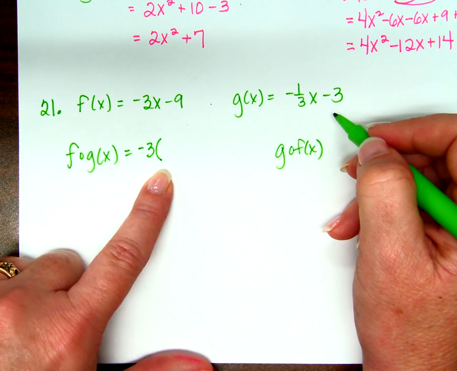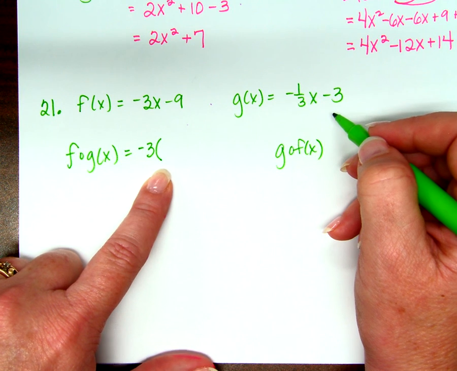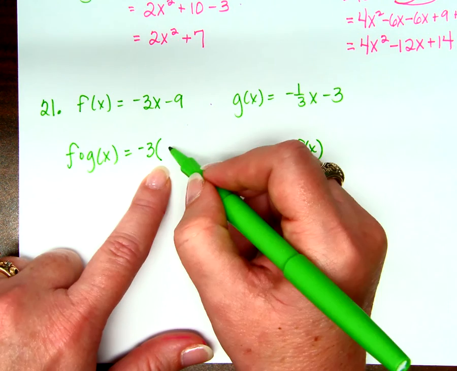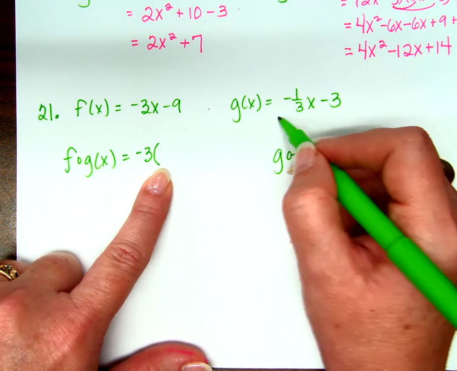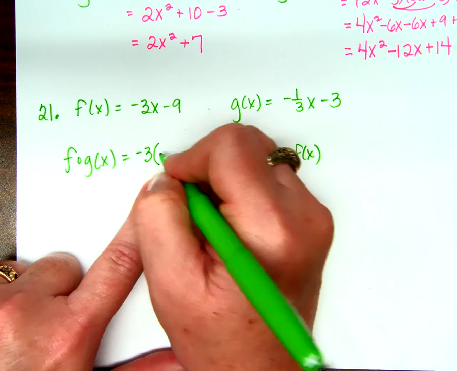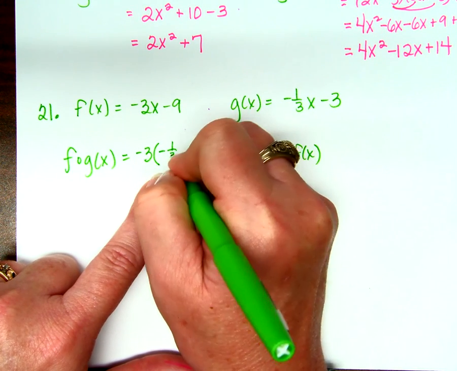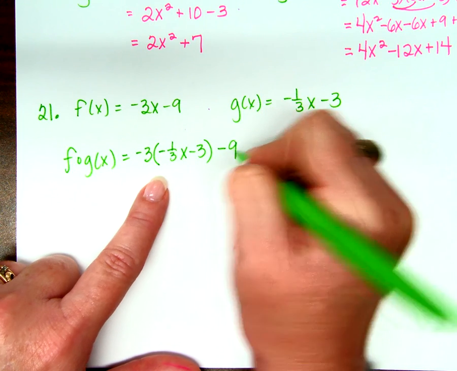Now, I need to know if you guys are ready for me to skip the step or not. Yes, I can skip the step? Okay, because normally what I would write right here is g of x, right? But we already know what g of x is, so I can go ahead and write g of x in there. All right, negative 1/3 x minus 3, and then minus 9.